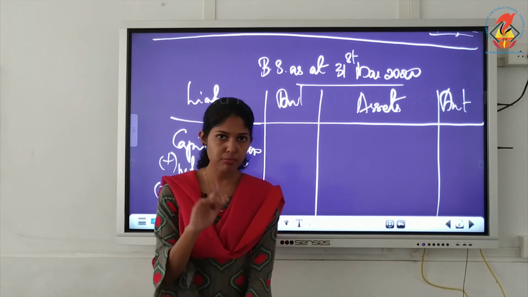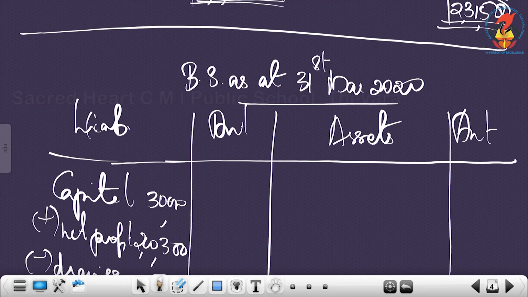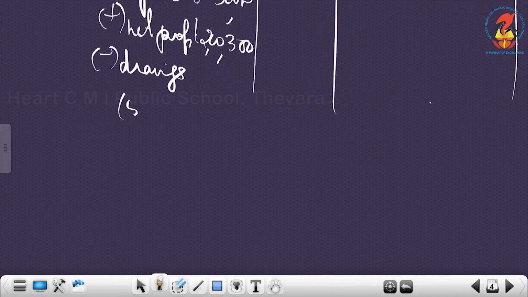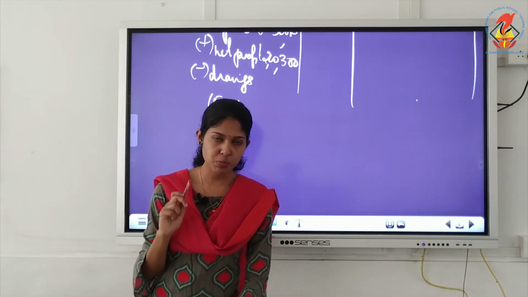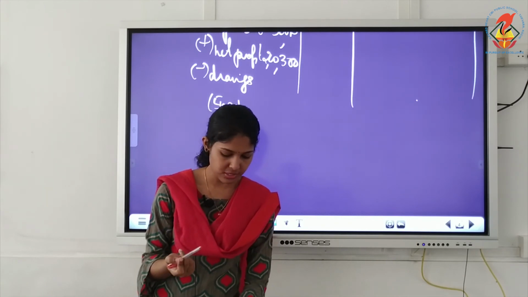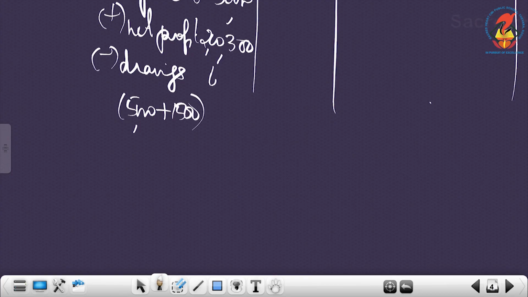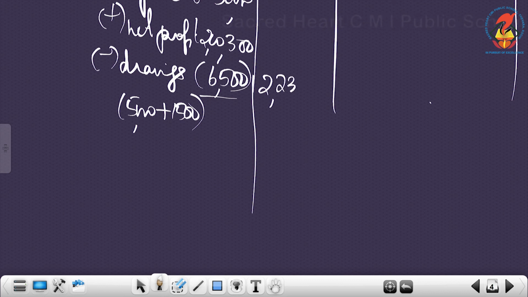Inside the trial balance we have drawings of rupees 5,000. Then as an adjustment also we have one drawings, that is adjustment 4. Ashok has taken stock for his personal use, that is also drawings. So that 1,500 we have to add with this drawings. So less altogether 6,500. So it is 2,23,800 in the outer column. Draw a small line always in the inner column before you write the final in the outer.